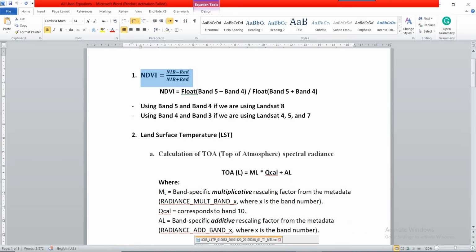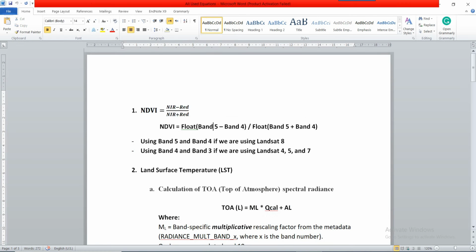First of all, we have to apply NDVI, the Normalized Difference Vegetation Index, in order to show the vegetation cover in the study area or in any place.